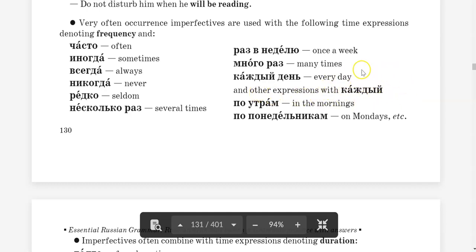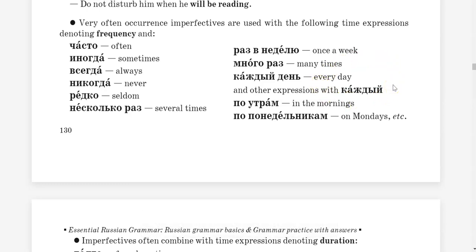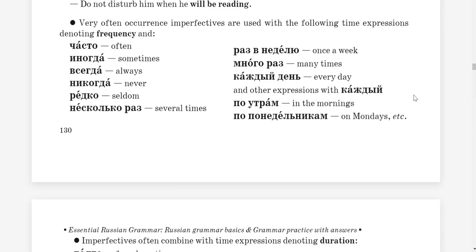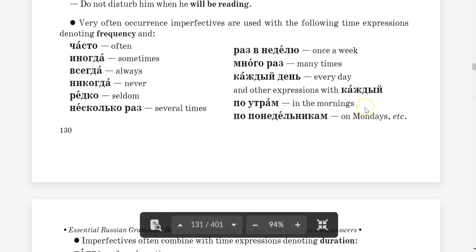So we could use каждое утро, каждый день, каждое лето, каждую зиму, and so on. Don't forget to change каждый if you have a feminine noun. That would usually be accusative. So по утрам, in the mornings, по понедельникам, on Mondays.